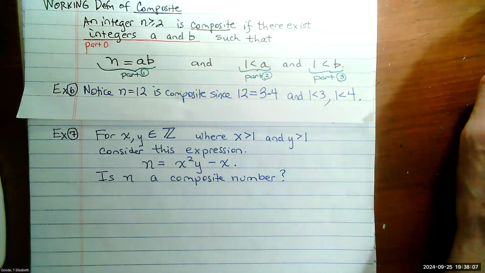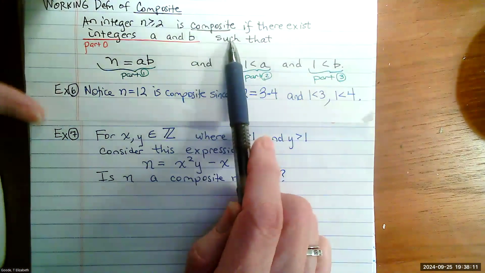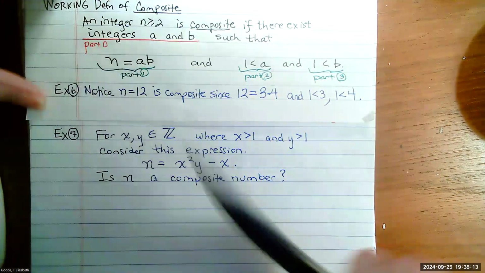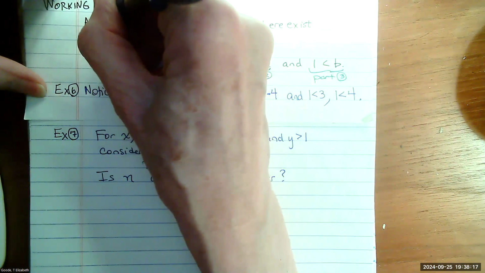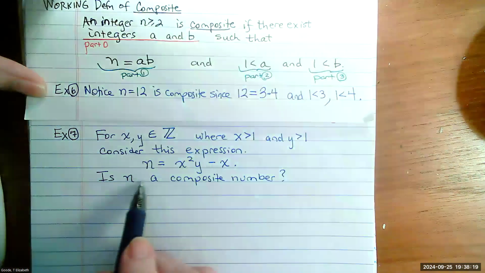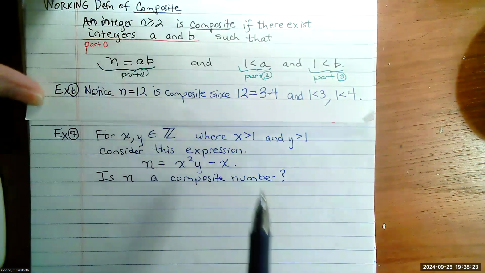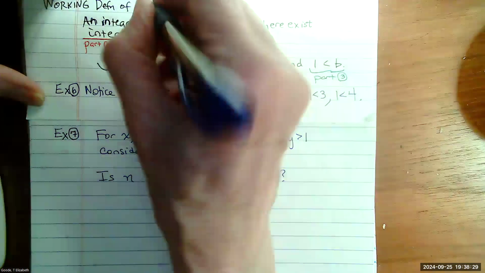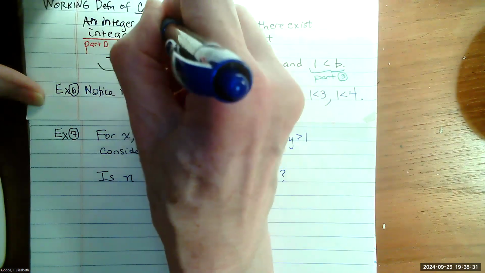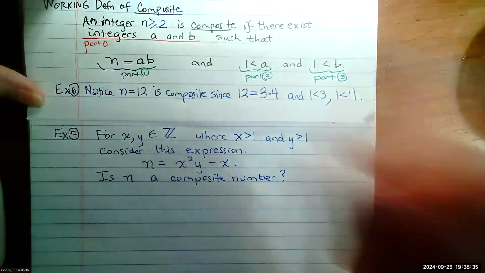What do you think, folks? Here's our working definition of composite. Can we write N? Well, first of all, do we know N is greater than or equal to 2? Do we even know that? Let's just assume it is and see if we can at least factor it.